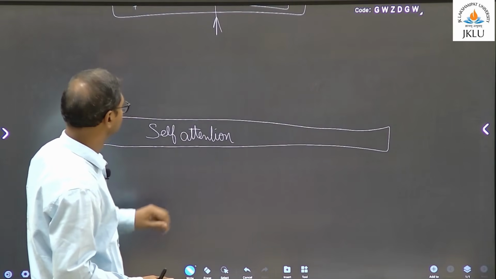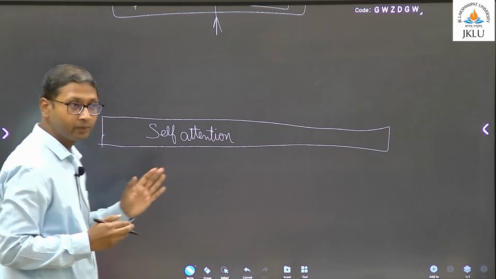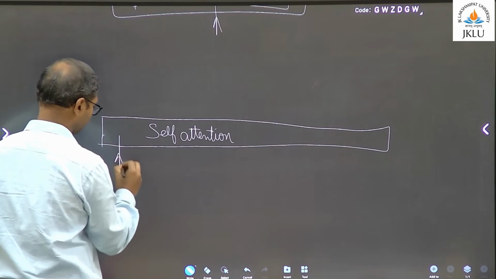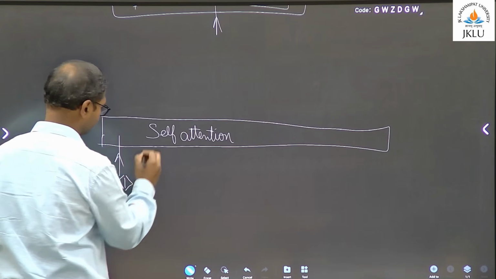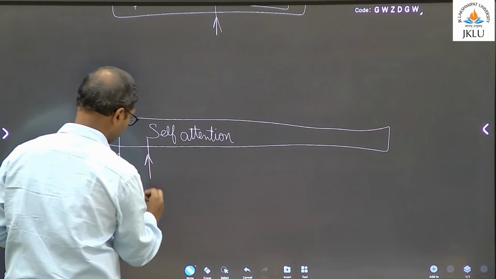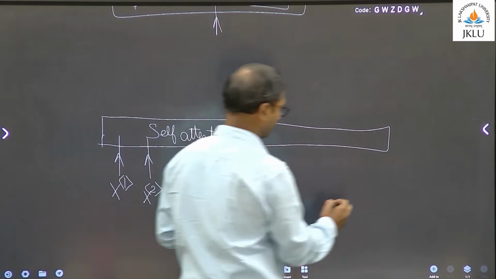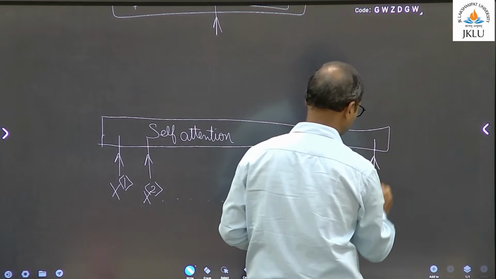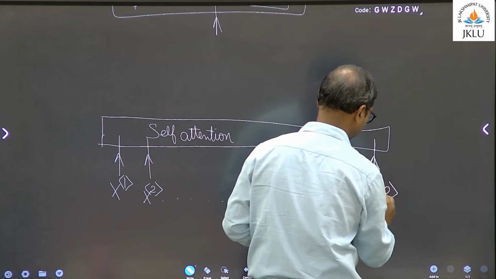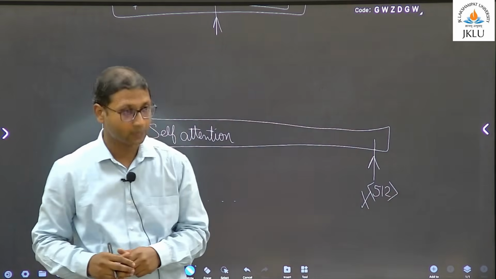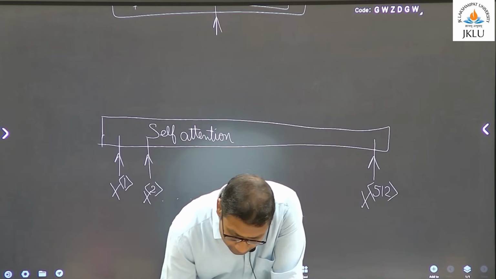Right. So how many inputs? This is your x1. This is your x2. Okay. And finally this is your x512. Okay. And let me just make sure this is 512.